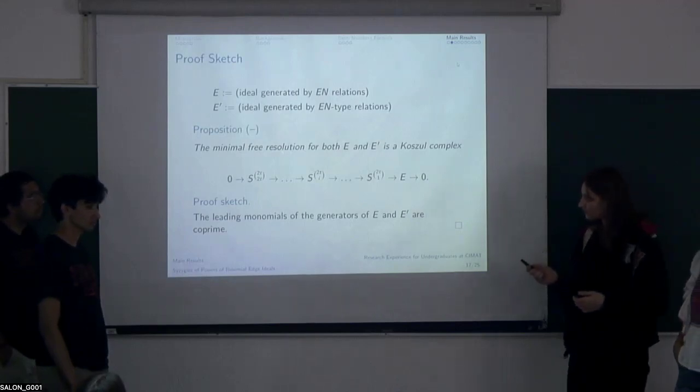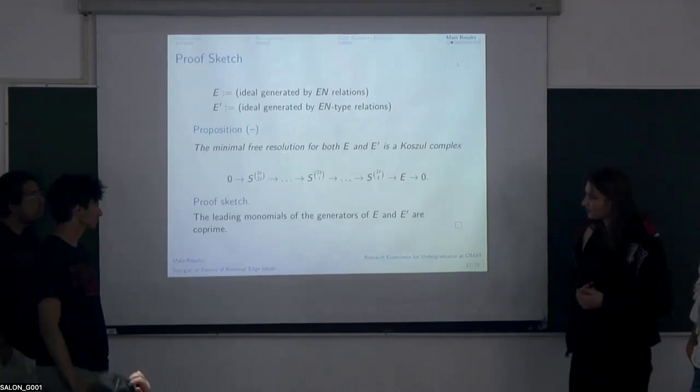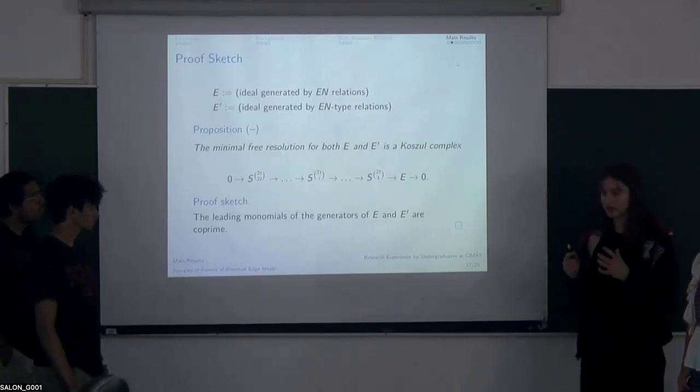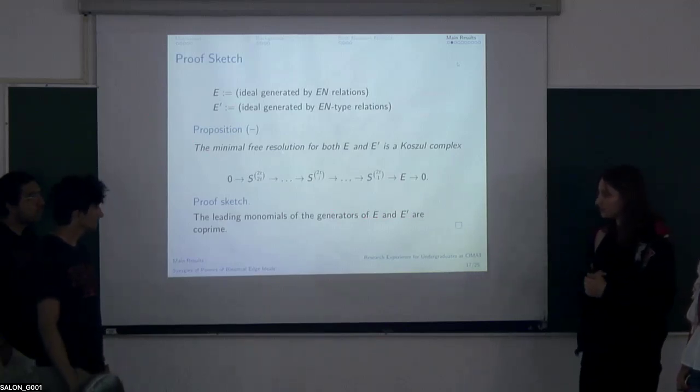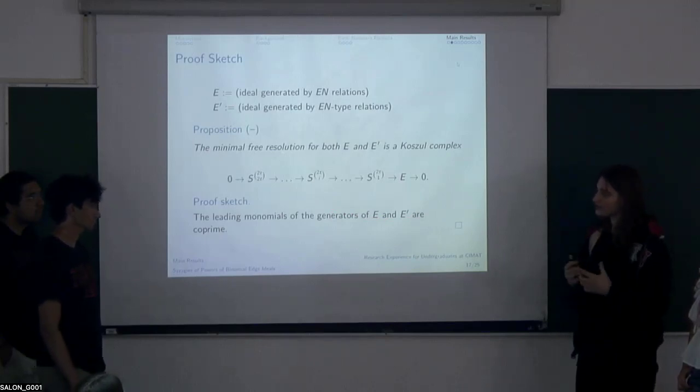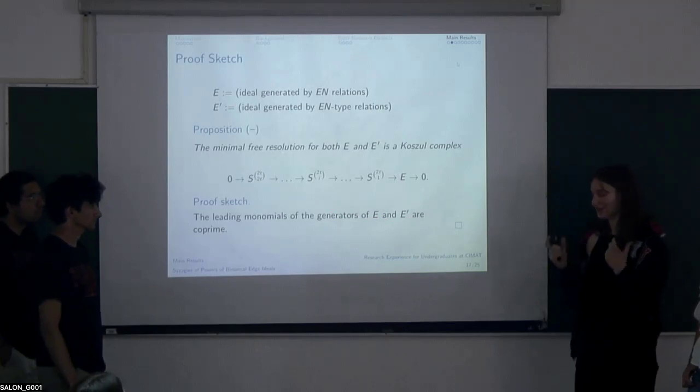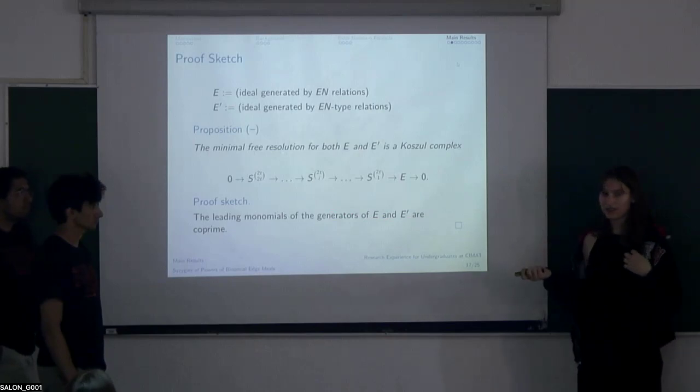The Koszul complex looks something like this. The way we showed this was by showing the leading monomials of the generators of E and E prime were coprime, which essentially means that they form a regular sequence, and then it's a well-known result that a regular sequence is minimally resolved by a Koszul complex.